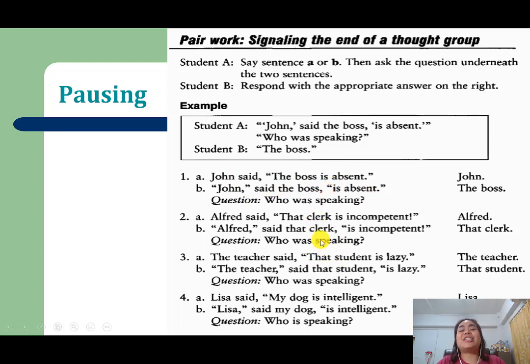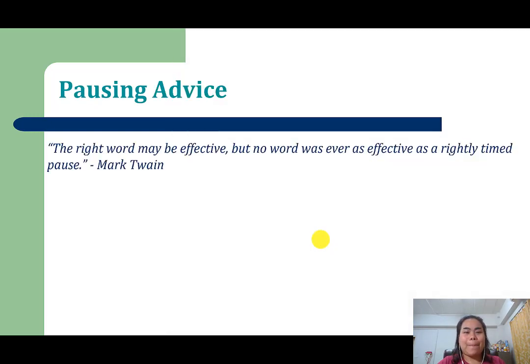So these are like small exercises for you to try to really practice pausing, okay? Now, my advice would be, not my advice, actually, it's Mark Twain's advice. He said, the right word may be effective, but no word was ever as effective as a rightly timed pause.